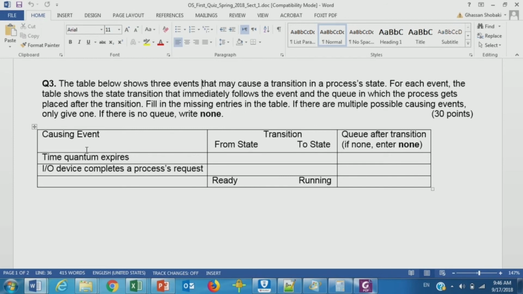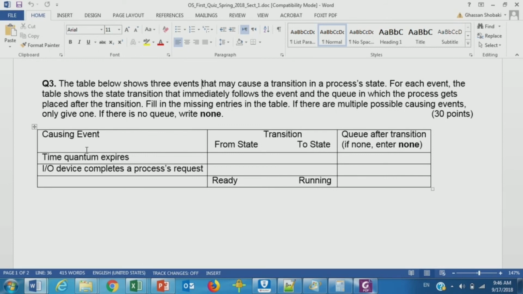Make sure that you put something here. If there is no queue, say none, as it says here. Leaving this empty means that you don't know, but if you say none, then you know that there is no queue.